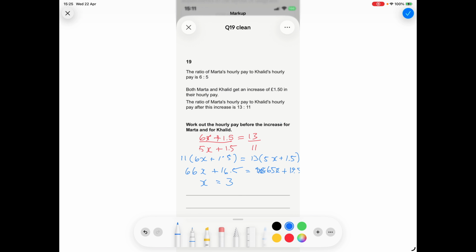Work out the hourly pay before the increase. So that means that Marta earned £18 and Khalid earned £15. And then if we add that on, that makes some sense.